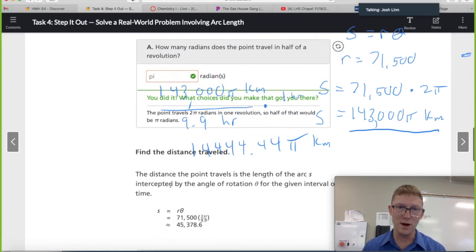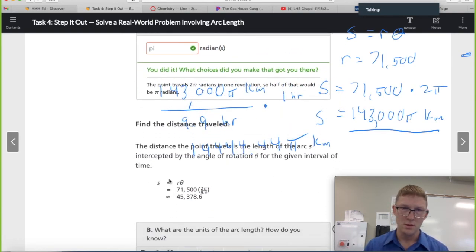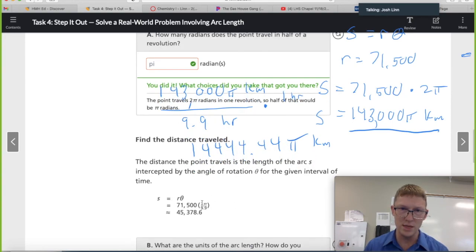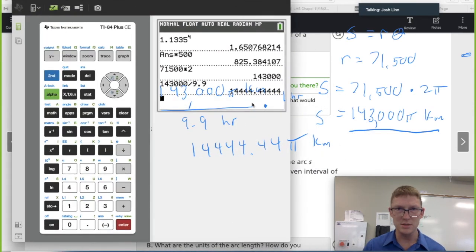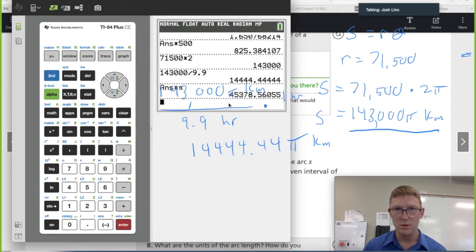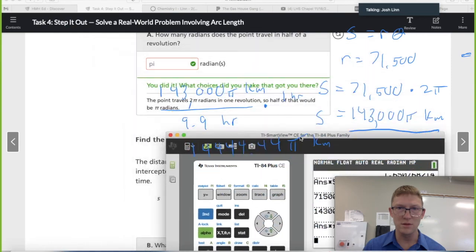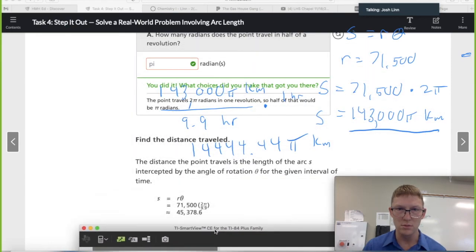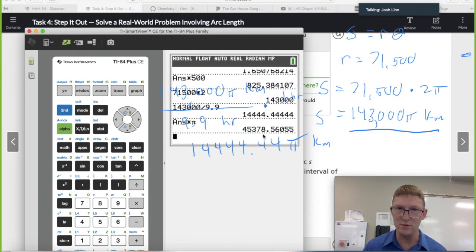So find the distance traveled. So this is what they did. They rounded a little bit differently than what we did, and they multiplied into the pi, whereas we left the pi there. So if we go back to our calculator and just take that number times pi, you'll see that we get the same number that they did. 45,000 something, 45,378.